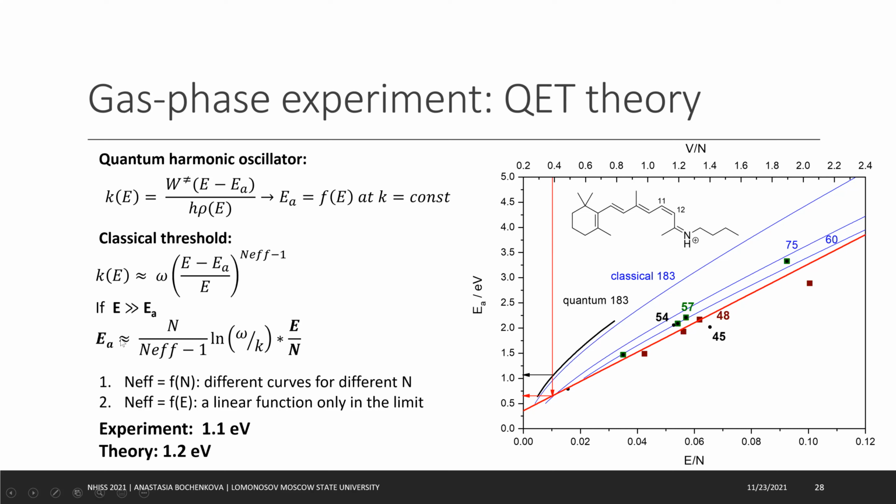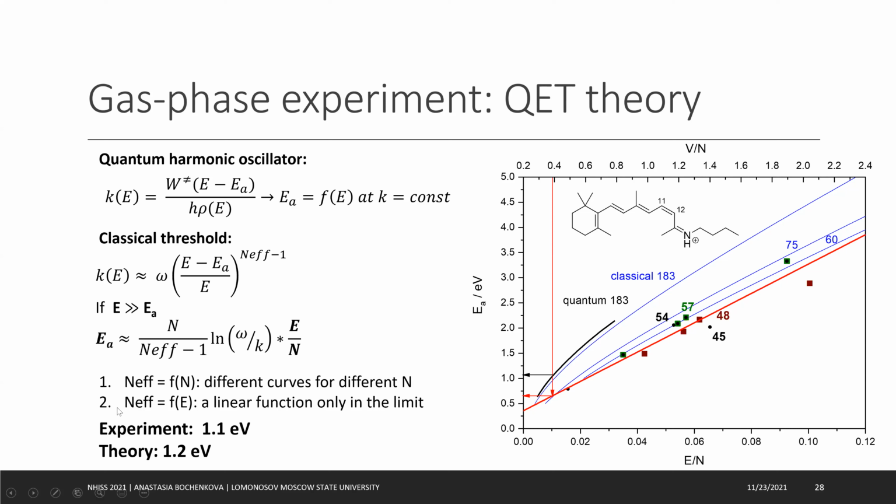But the problem here is that we also have a prefactor. And this prefactor tells us that we should be dealing not with the total number of vibrational degrees of freedom, but only with those that are active under certain conditions. And this effective number of vibrational degrees of freedom depends on n, and different curves will be obtained for different n.